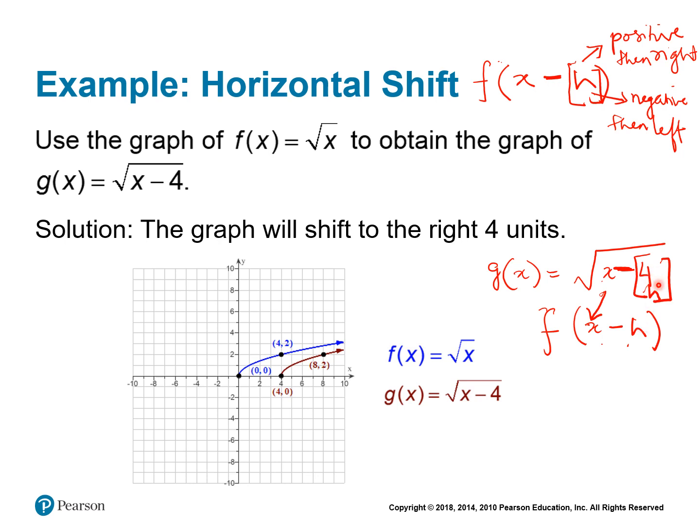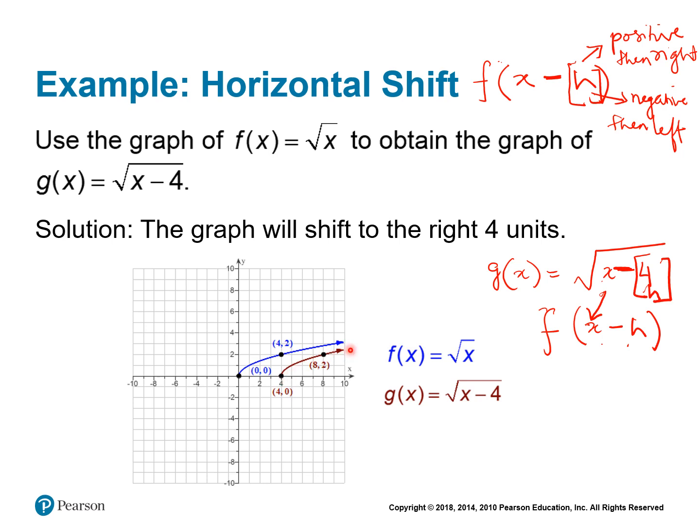All right, so that means, because h is positive, the graph is going to shift 4 units to the right. So the graph of square root of x started from 0, 0. The graph of square root of x minus 4 is going to shift 1, 2, 3, 4 units to the right.